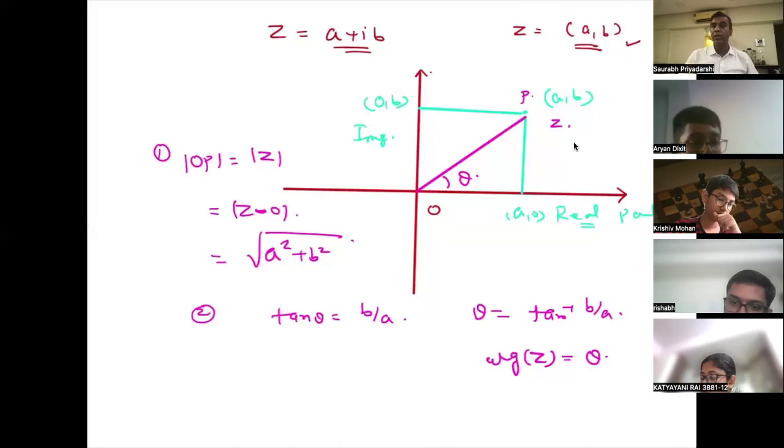And amplitude is when we have to take the general value solution, not only the angle between minus pi by 2 to plus pi by 2. When we have to take all the values of theta, then this is called amplitude. Okay, everyone.